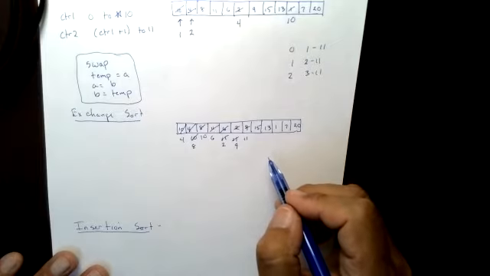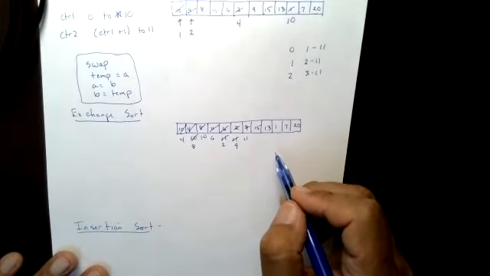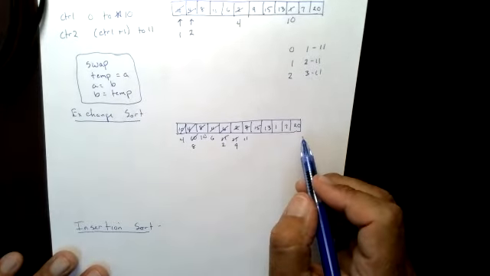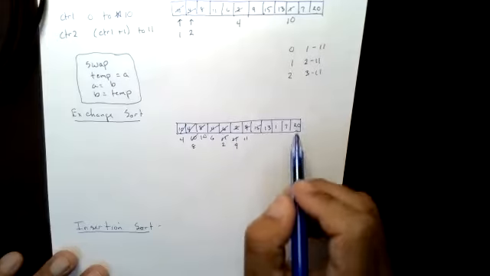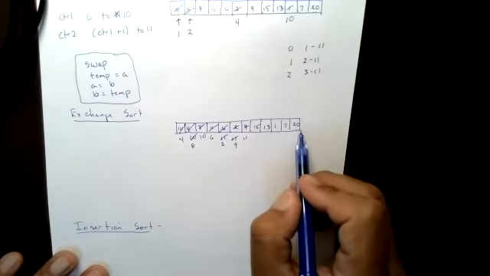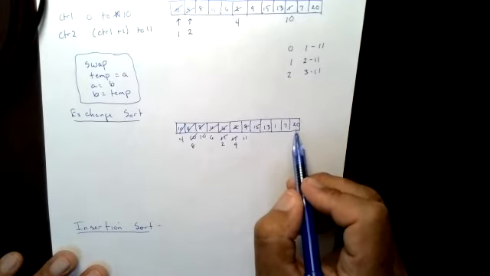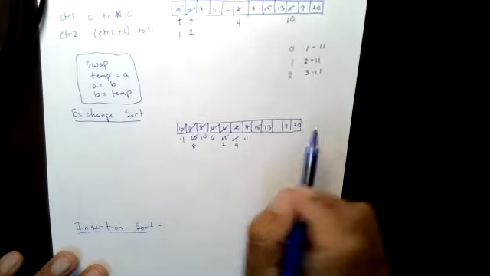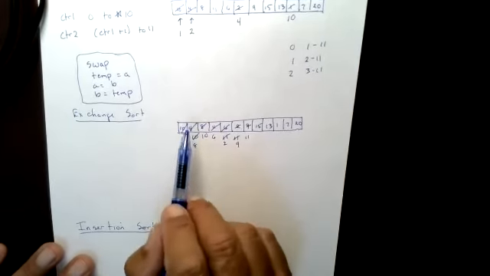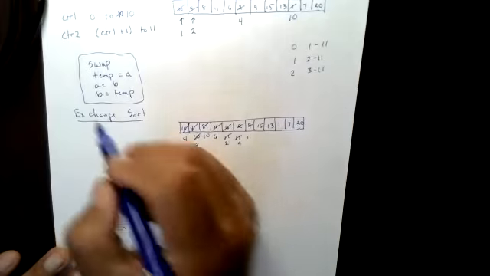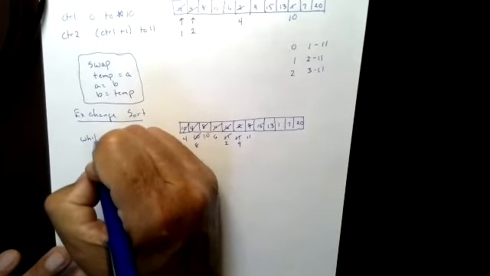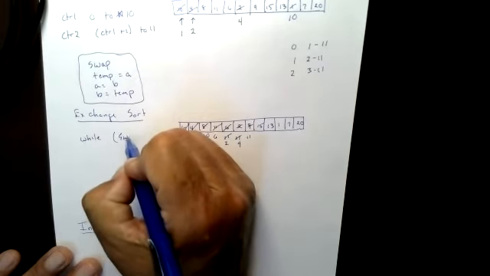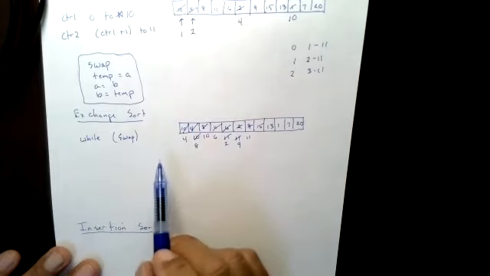If I keep doing this, what's the final result going to be? Eventually you'll have a sorted list. After my first pass through, my largest number will end up at the end. So what's happening with the exchange sort? I have a while loop: while I swap something, that's my outer loop.